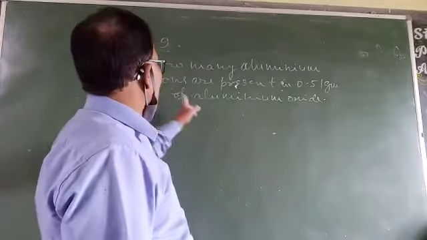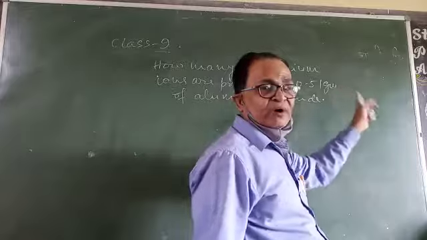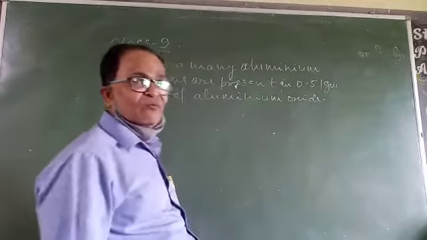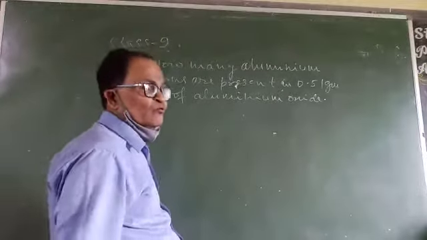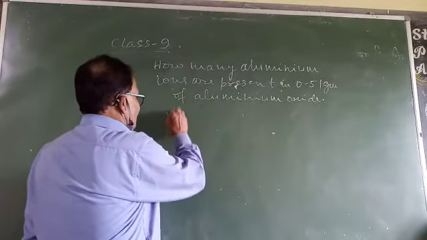In order to calculate the number of aluminium ions present in 0.51 gram of aluminium oxide, first we have to calculate the molecular mass of the aluminium oxide.